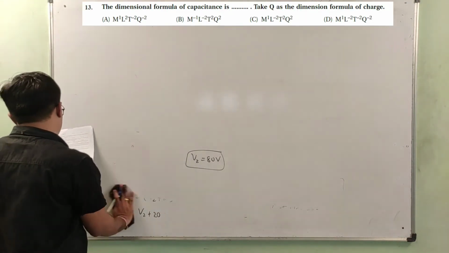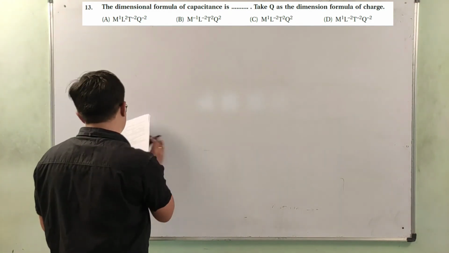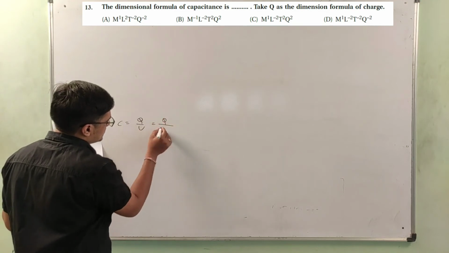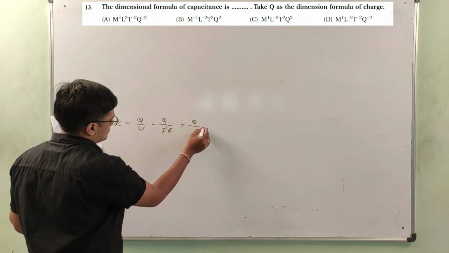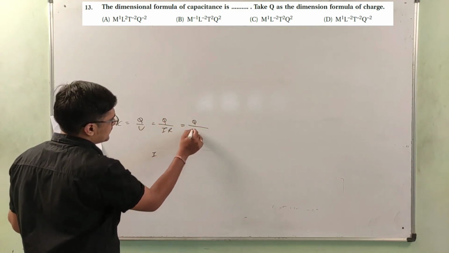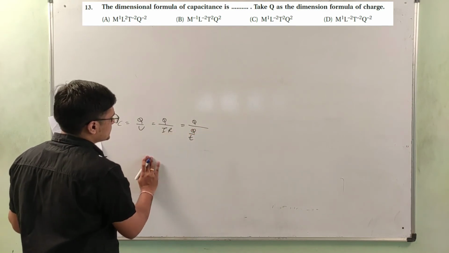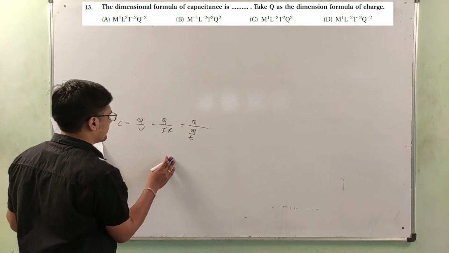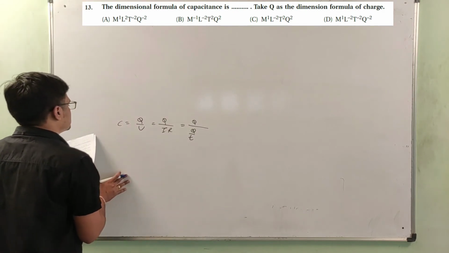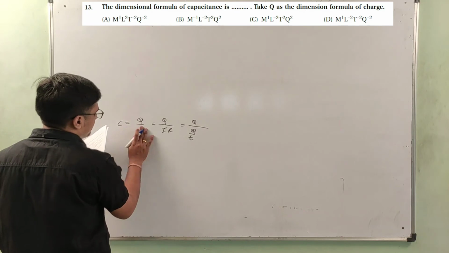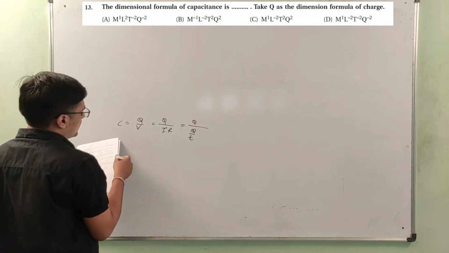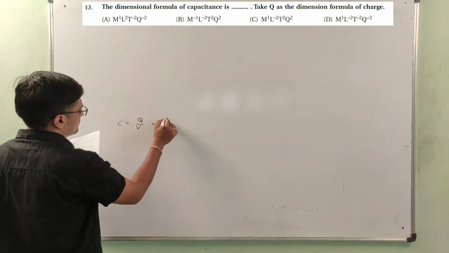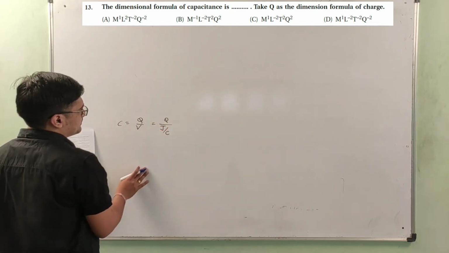The dimensional formula of capacitance. Capacitance C is equal to what? Q by V. So what is the formula of potential? Potential is I into R, or you can write the formula of potential, volt, as joule per coulomb.